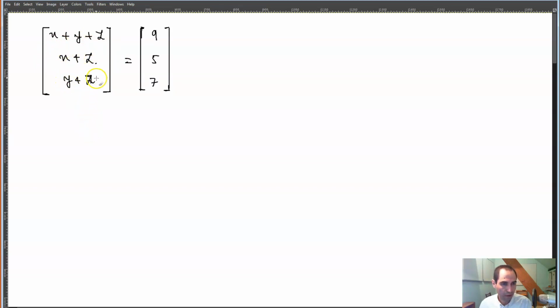Here you can write y in terms of z or z in terms of y, and then put one of them in the other equation, eliminate the other one, and then do the same thing over and over again until you solve for all 3 unknowns, meaning that x plus y plus z is equal to 9, and x plus z is equal to 5, and y plus z is equal to 7, right?